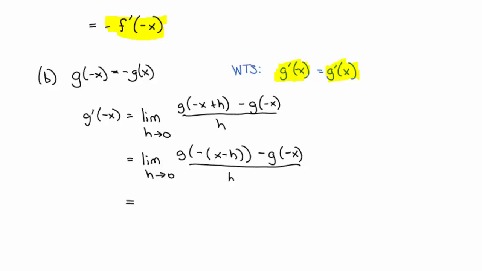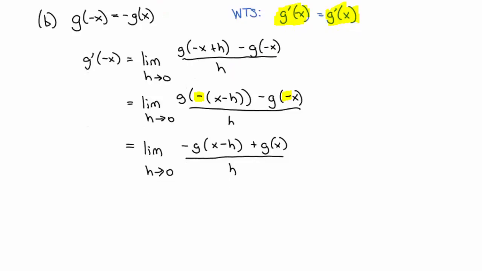And now I'm going to take these negatives and use the fact that g is odd. I'll pull these negatives outside of the function. So when I do that, I get the limit as h goes to 0 of the opposite of g of x minus h plus g of x, all over h.